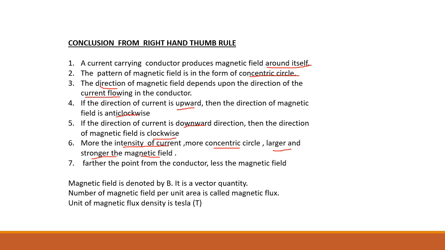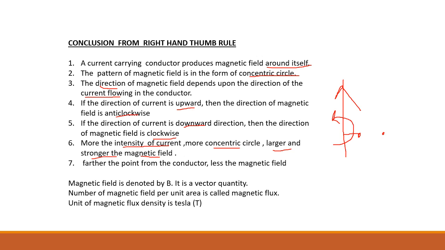let us assume that there is a wire and the current is passing through this wire in upward direction. So a magnetic field will be produced in this direction. Concentric circles will be produced. Now if we consider a point here, the strength of the magnetic field will be much more than at a point which is here.